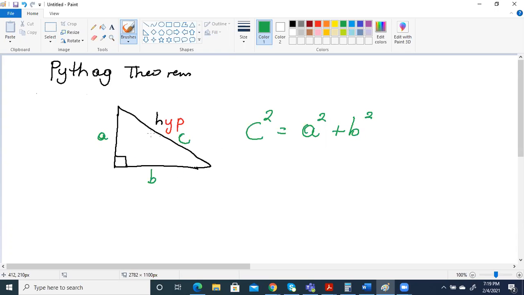So C squared, which is the hypotenuse, is equal to A squared plus B squared. So all it is is a relationship between the sides of a right angle triangle.